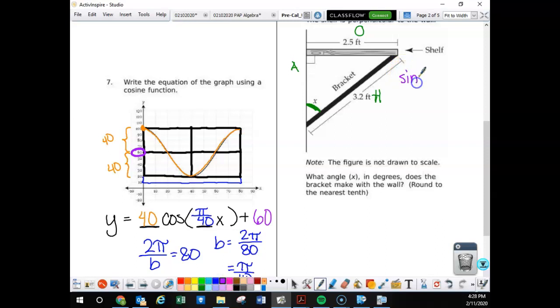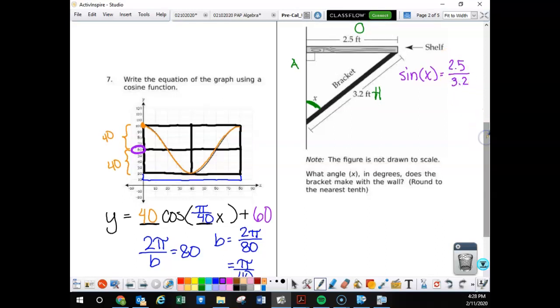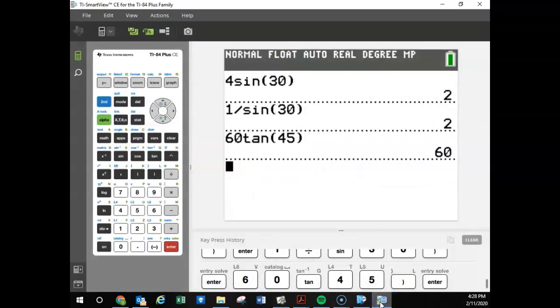So opposite and hypotenuse, I know that I can use sine for that. So sine of x is equal to the opposite over the hypotenuse, so 2.5 over 3.2. But I want x, so I'm going to use the inverse sine. So x is going to equal the inverse sine of 2.5 over 3.2. Okay, so if I go to the calculator, the inverse sine, remember, is the second on the sine.